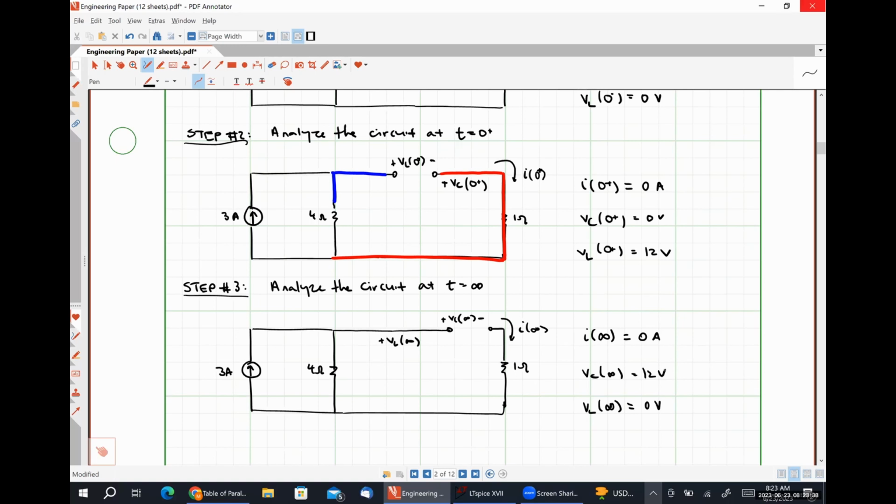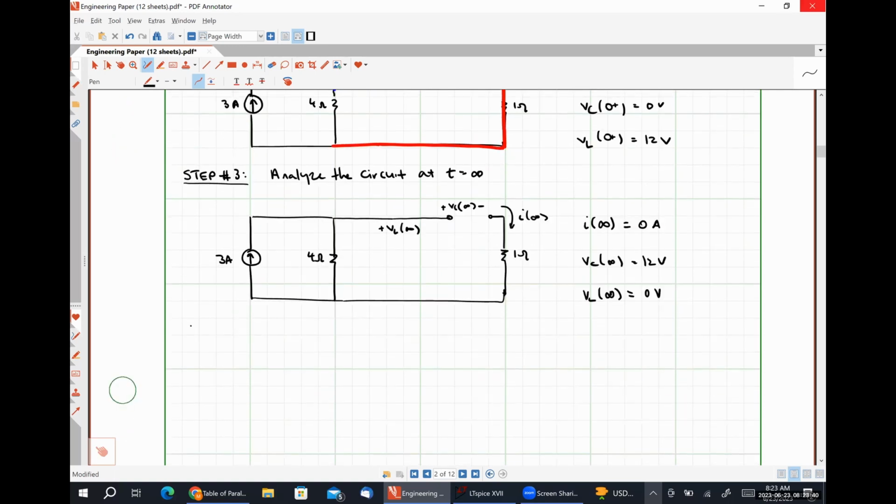Now we need to go to step 4, which is to calculate alpha and omega naught and determine the type of response that our circuit will have. So this is going to be a little bit more involved than what we did on Wednesday because this problem was a little bit more difficult, okay?